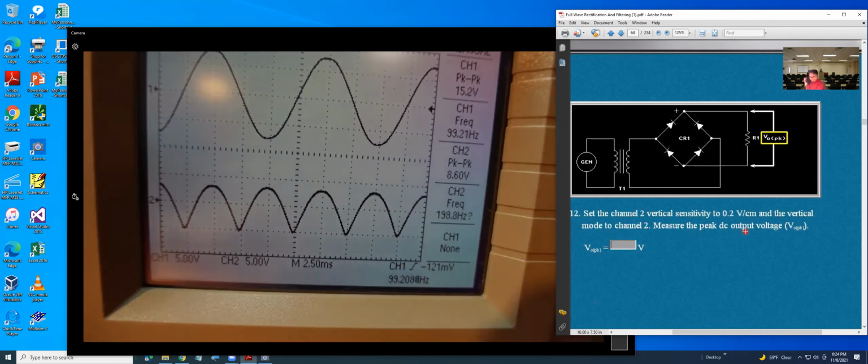So what do you think the peak voltage is supposed to be? Roughly 10. Okay, right here the voltage is 8.6 volt, peak to peak.